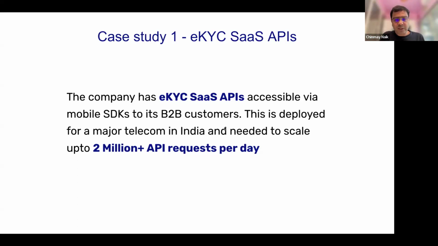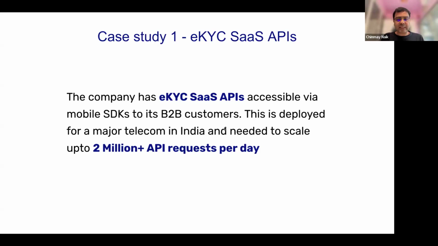So we had a couple of models. One was for face detection or face matching. Other was for live face detection. Other was for OCR and stuff like that, right? So imagine these models are given to these consumers, the B2B customers, via some sort of mobile SDK and backed by APIs.